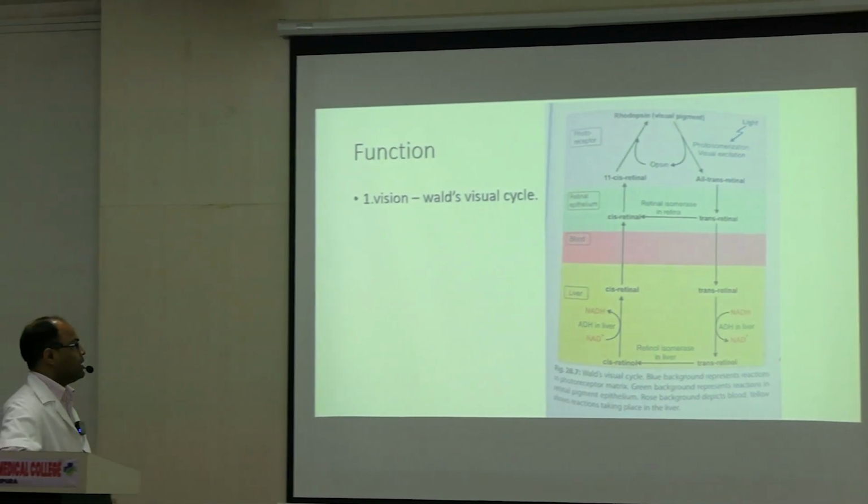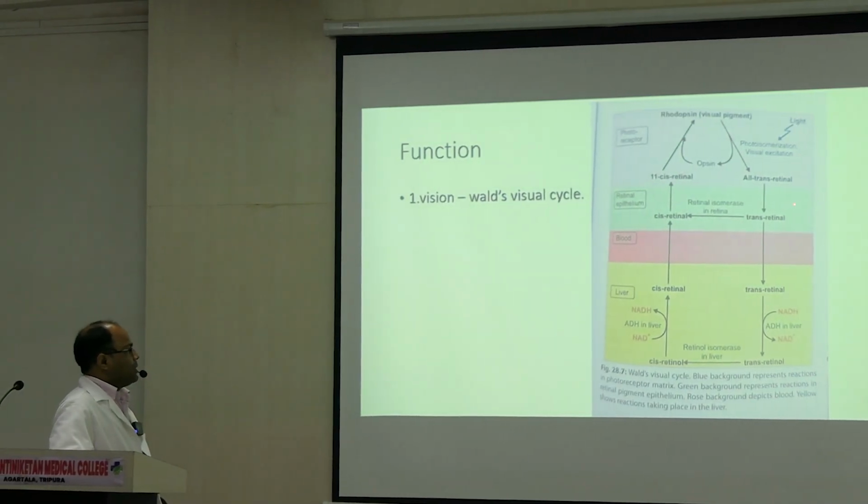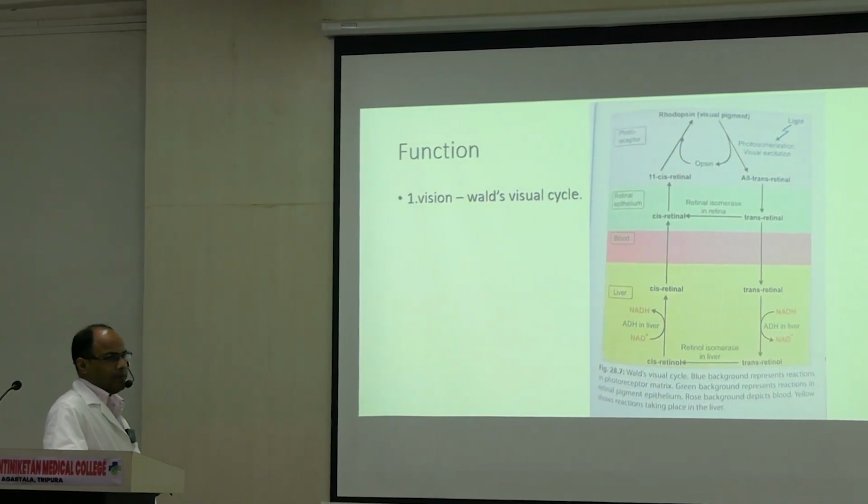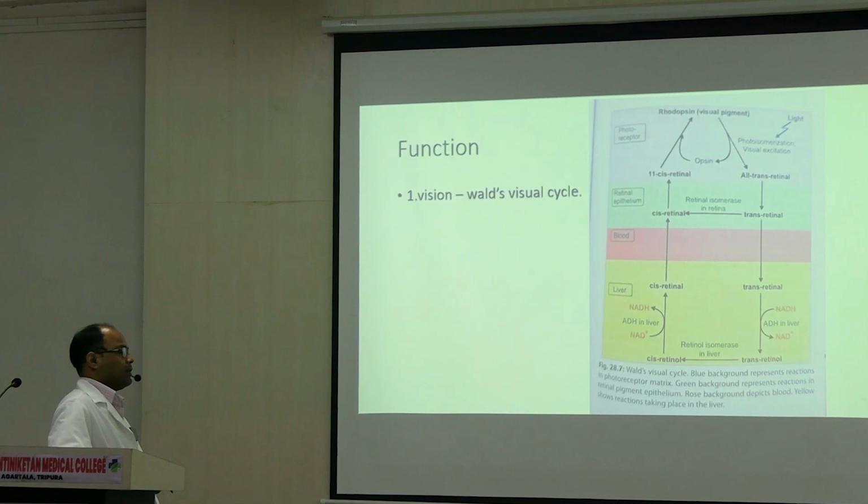Then this trans retinol is released into the blood and reaches the liver. In the liver, this trans retinol converts to trans retinal. Just see carefully. Trans retinol converts to trans retinal by the enzyme alcohol dehydrogenase.